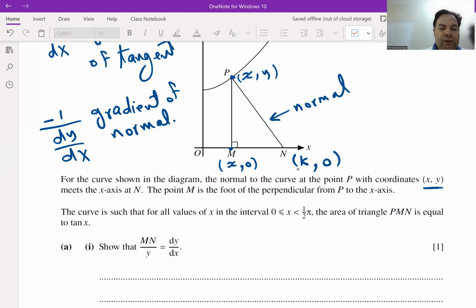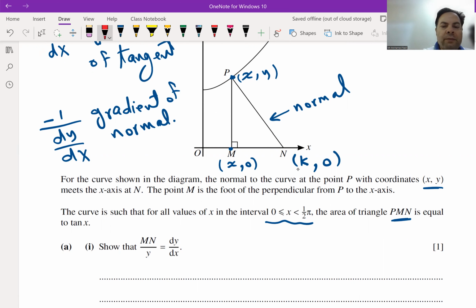The curve is such that for all values of x between 0 and half pi, the area of triangle PMN is given. You can use the area of this triangle as half base into height. Where is the base?